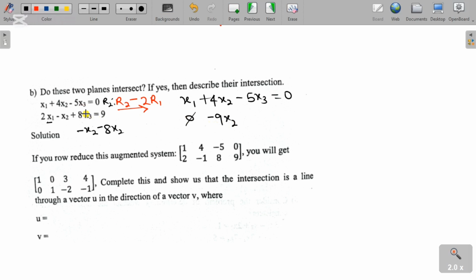And under the last part, you will have 8x3 minus 2 times minus 5, which is minus 10x3, and minus minus is plus, so that is going to give us plus 18x3 equal to 0. Okay, so we have been able to reduce this.